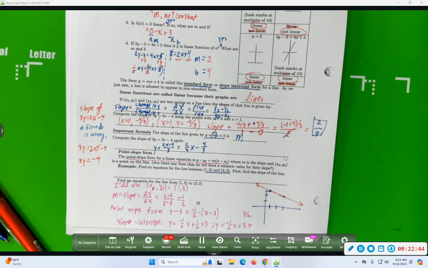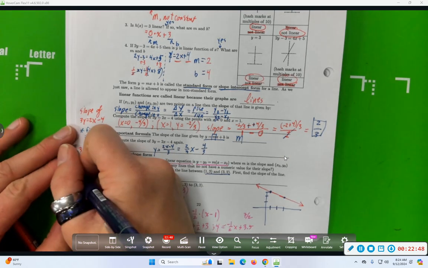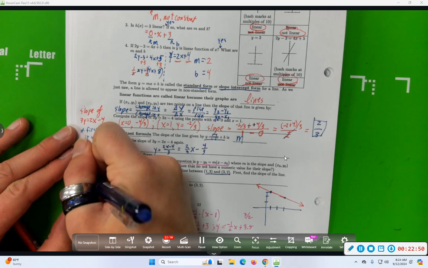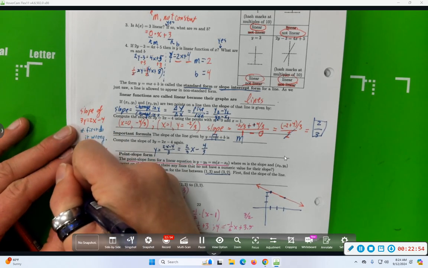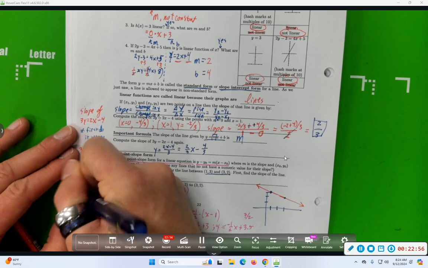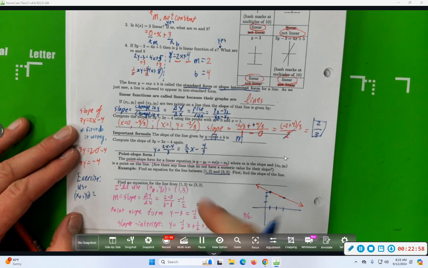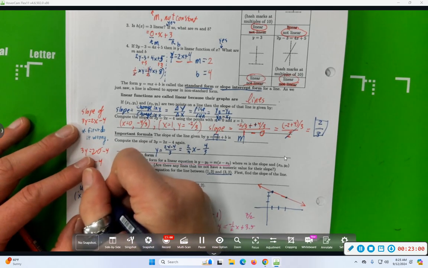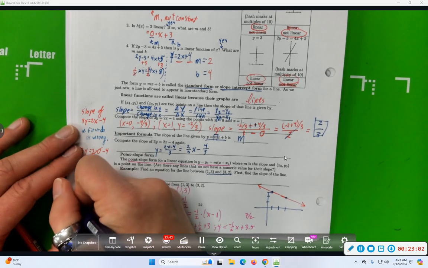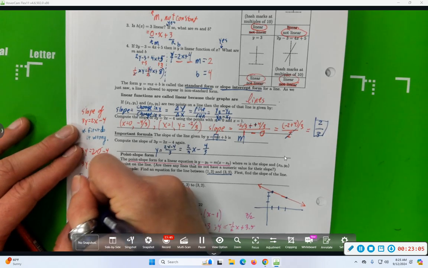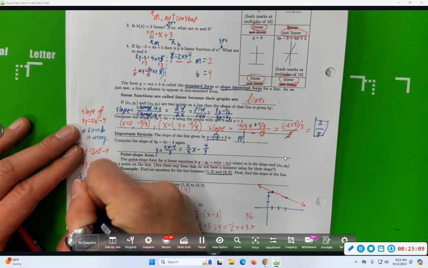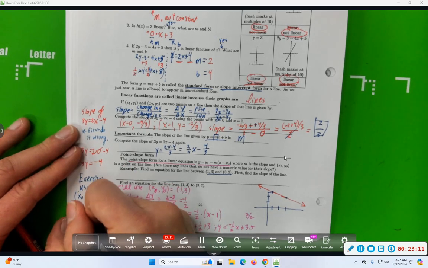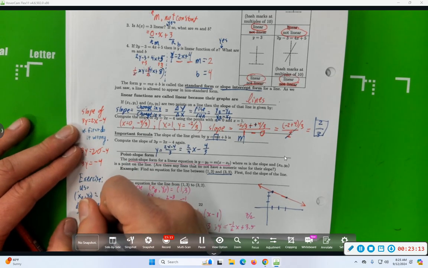Then I will say this. Exercise. Use (x0, y0) equal to the other point, (3, 2). Do you get the same slope-intercept form?